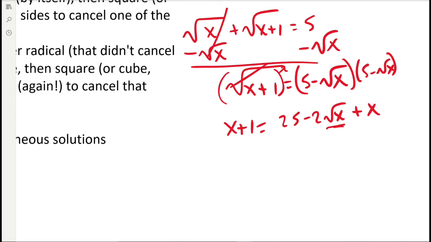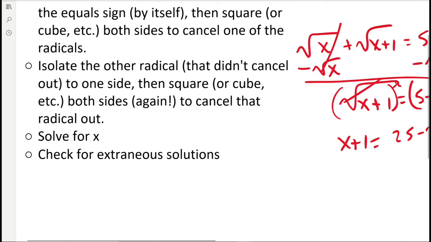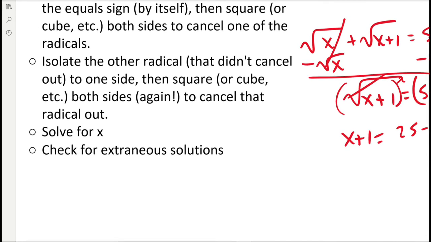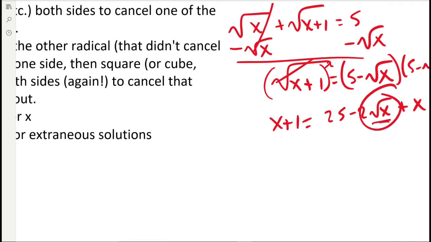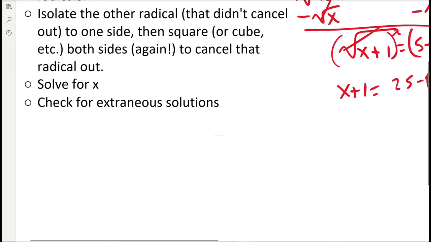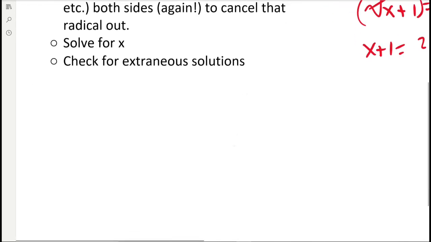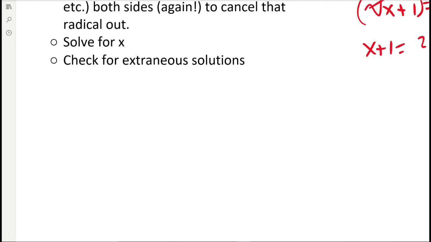You're still going to have a radical x there, and then you have to isolate that and then square both sides again. So this is what I mean by that. We're going to do this in more detail in the example that comes up, but I just wanted to illustrate that. So once we do that, we're going to isolate this other radical again and then square or cube to get rid of it again. Then we solve for x and then check for extraneous solutions.